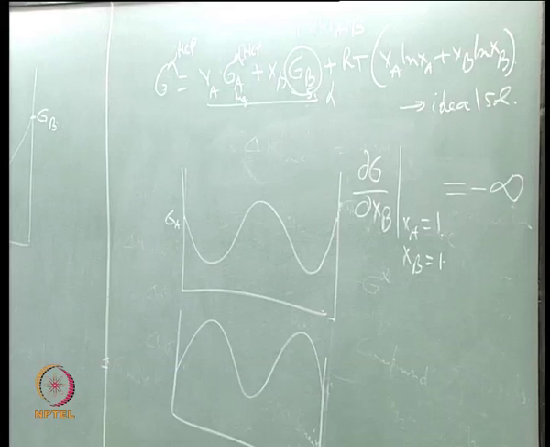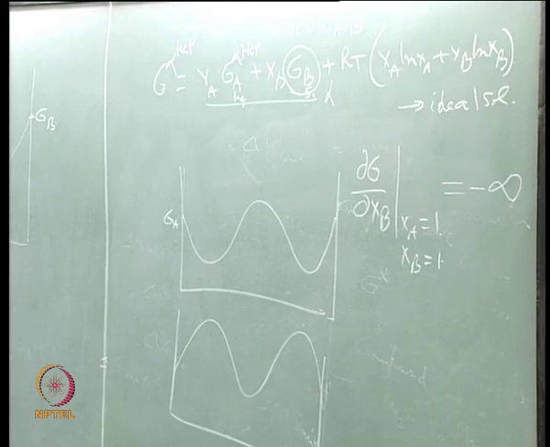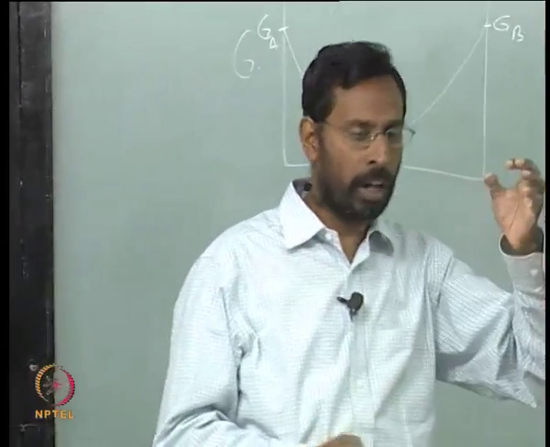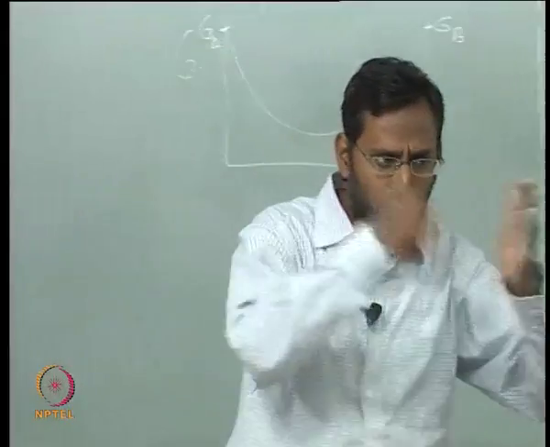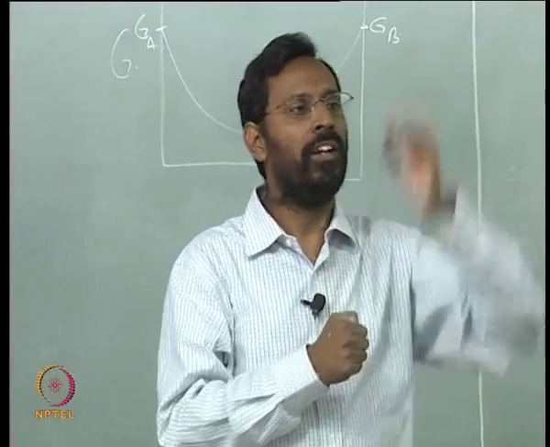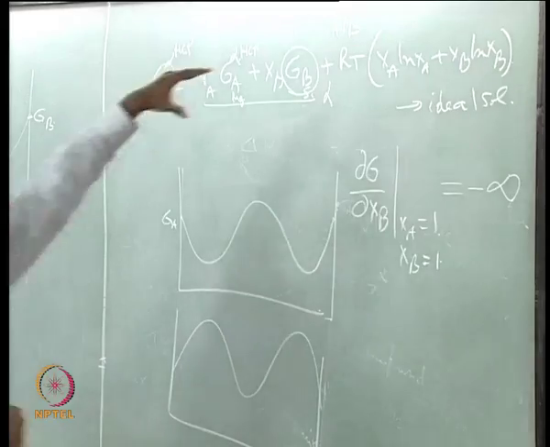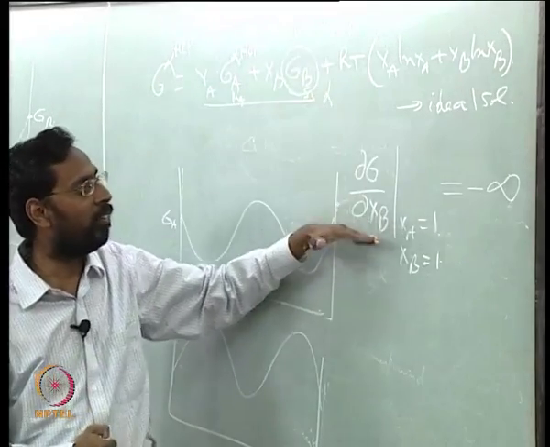That means free energy always has to go down. When I add a small amount of B to A, free energy decreases, because this is the function, and for this function this is what you get.